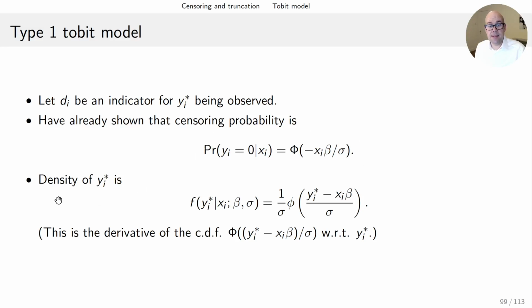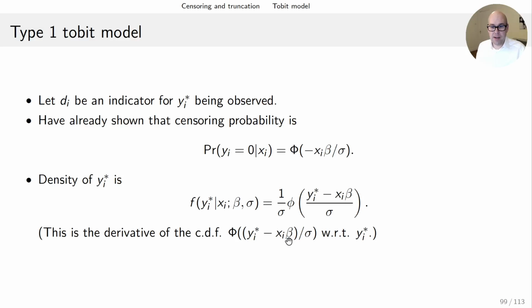And the second one is the density of yi star. We can always think about this, no matter whether it's observed or not. So we can just write down what the density is. We do know that yi star is normally distributed with mean xi beta and variance sigma square. So in order to use the density function of the standard normal distribution, we have to take the CDF of the standard normal distribution and evaluate it at yi star minus xi beta.